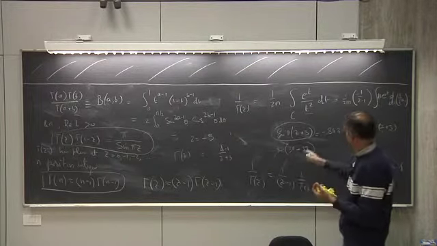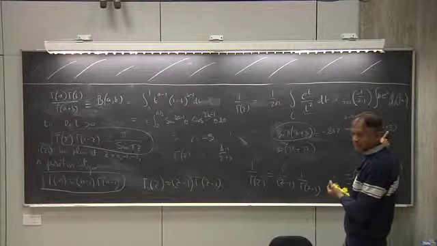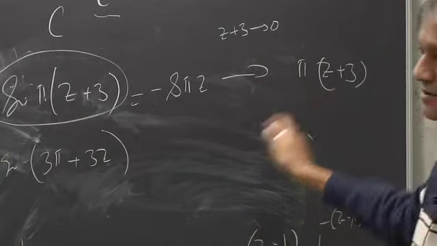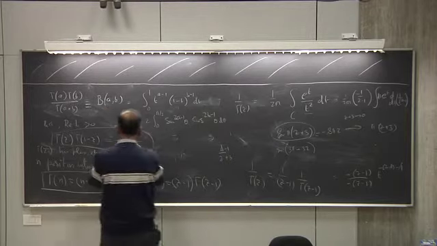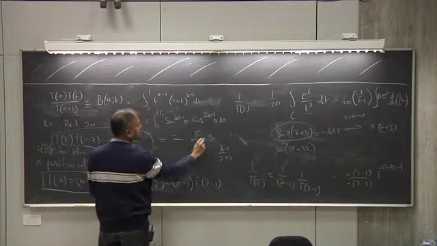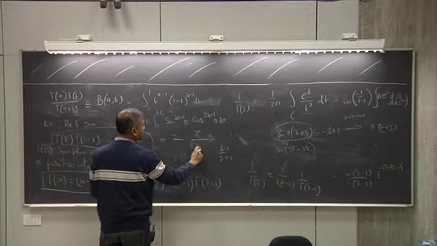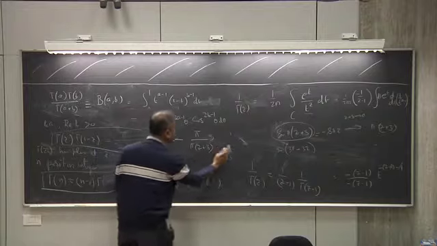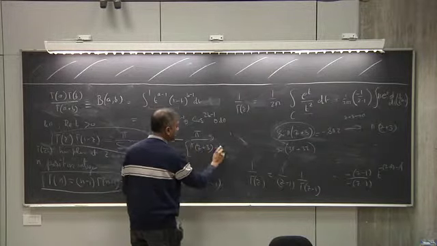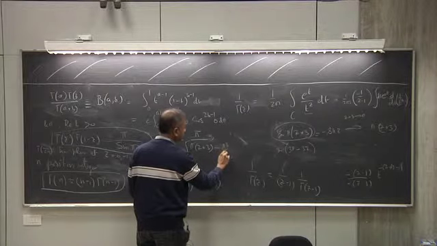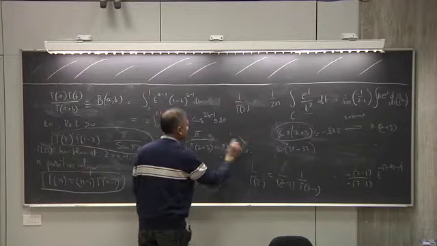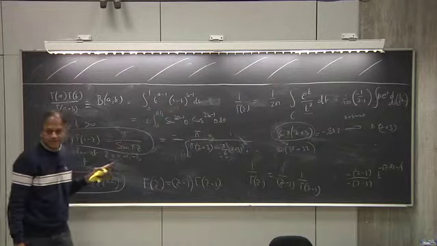Therefore this right hand side I can write as minus pi divided by pi times z plus 3, plus higher order corrections. If you write the full thing, it will be minus pi cubed over factorial 3, that is 6, times z plus 3 cubed, etc.